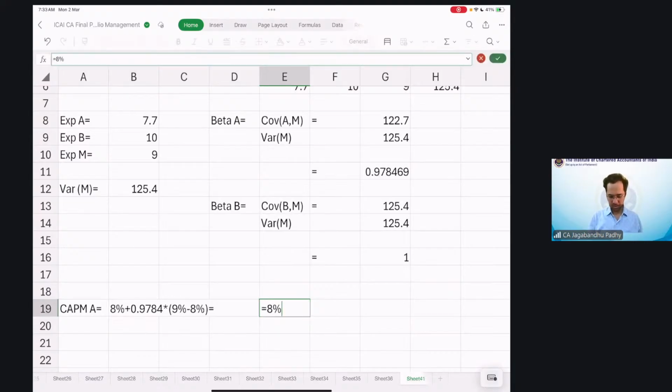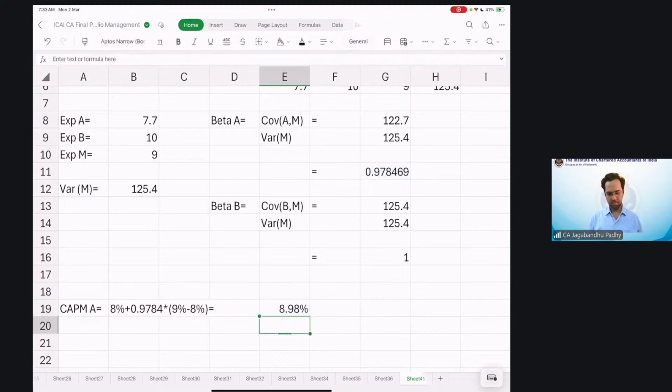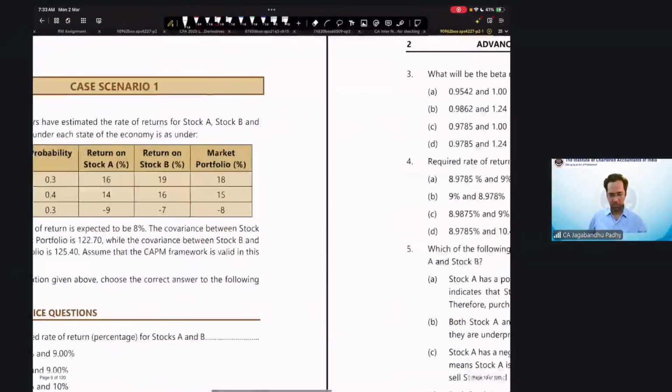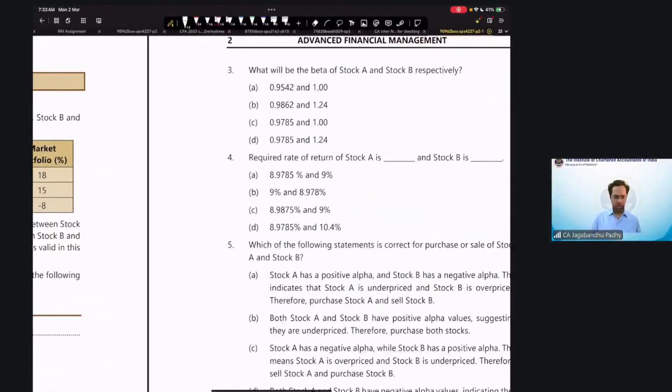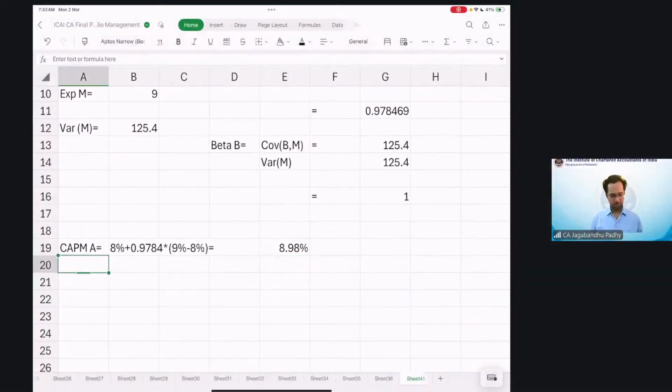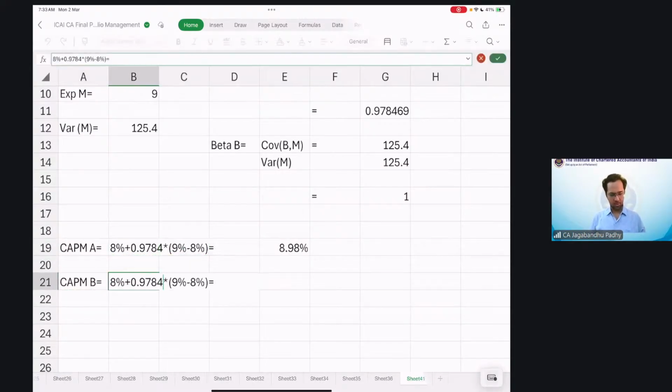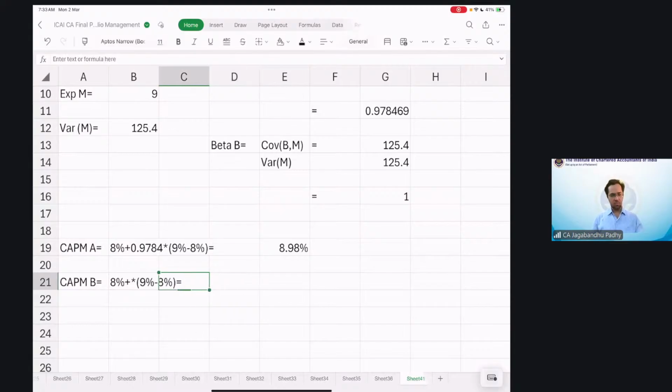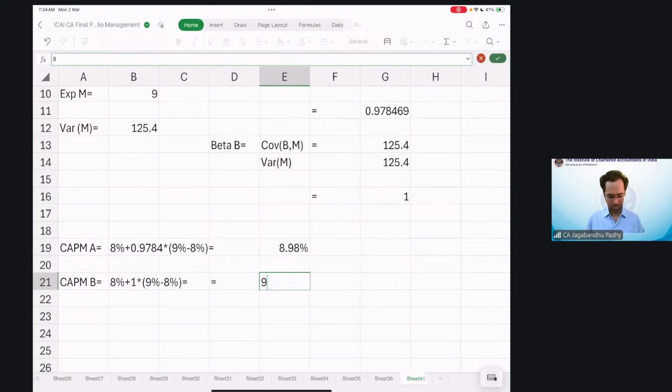So this is 8% plus 0.9784 multiplied by 9% minus 8%, which gives 8.98%. So CAPM for the first one is 8.98, and for the second one, CAPM of security B, this is going to be 8% plus 1 into 9% minus 8%, which is of course 9%.